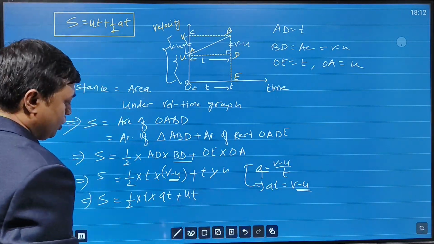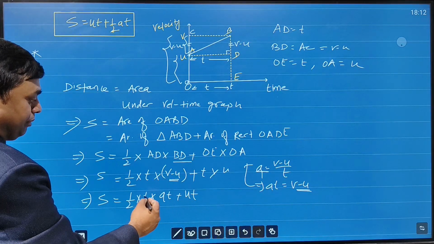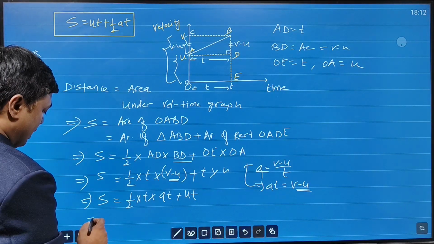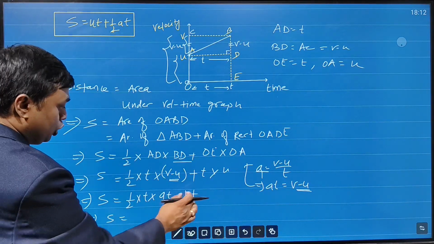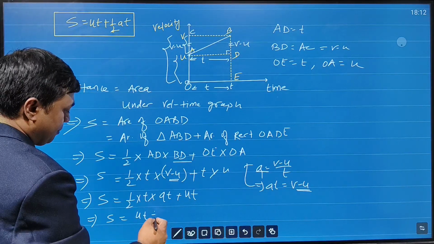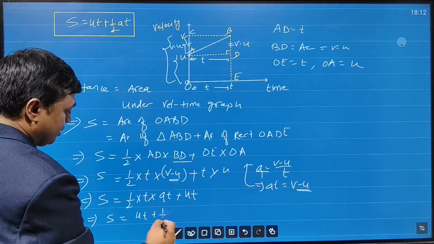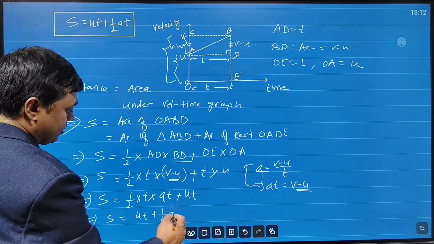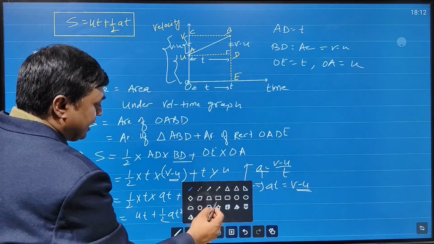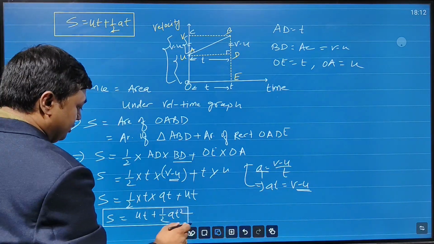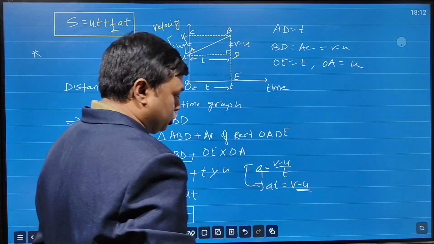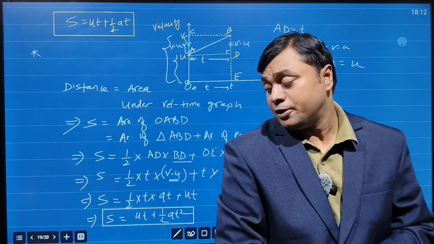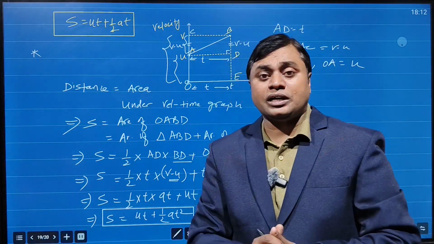AT into T becomes AT square. So we can write AC is equal to UT plus half AT square. This is the second equation of motion, where S is the distance traveled, U is what?